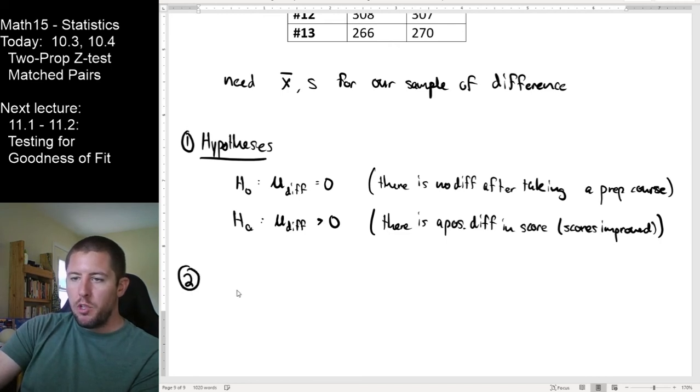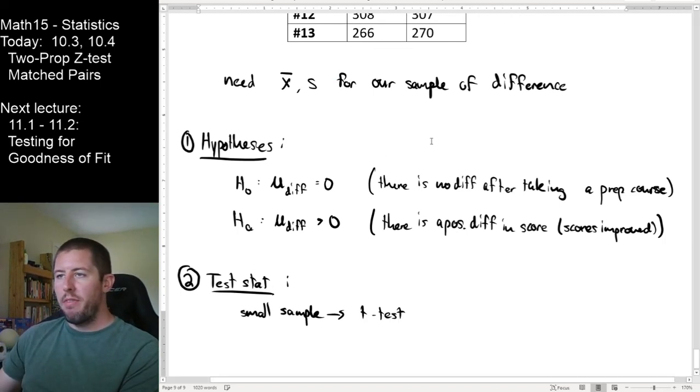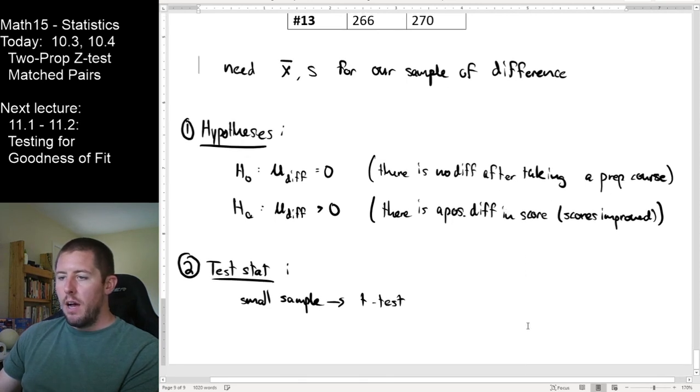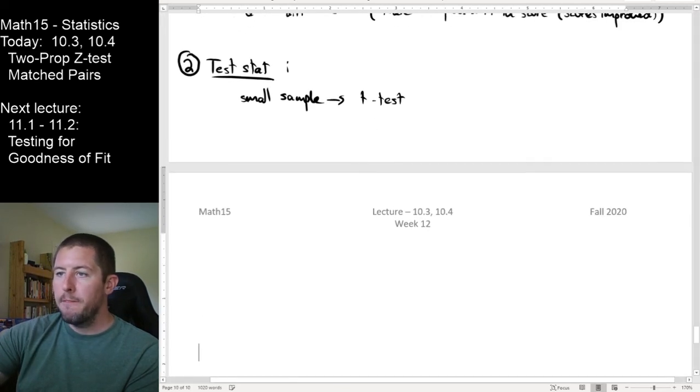So for step 2 now, we need to compute a test statistic. So we're going to compute a t-test statistic. I'm noticing that we only have 13 observations here. So let me move this down to the end. Right.